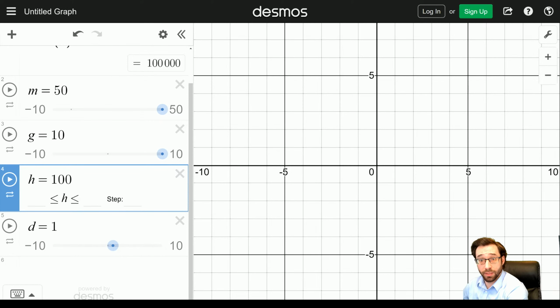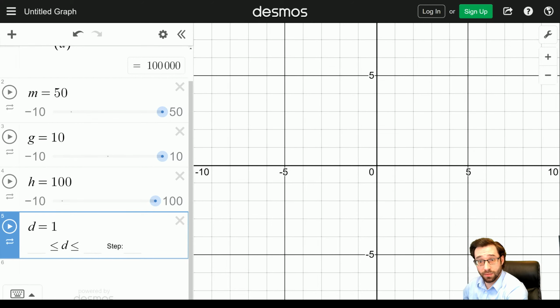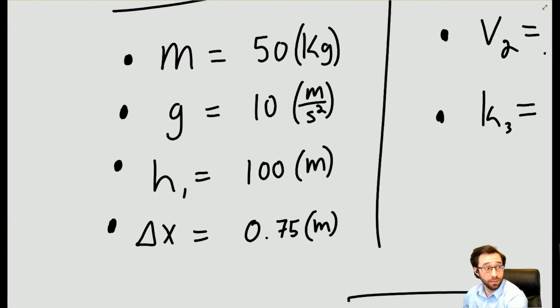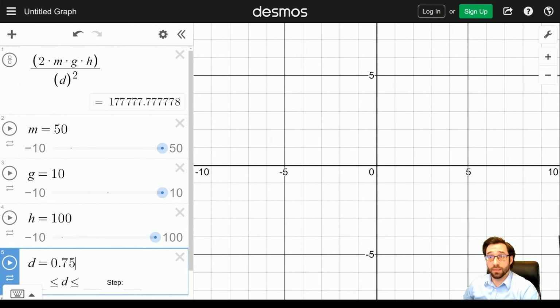So I did 100 right there. And then my displacement of the spring is 0.75. So 0.75. And here's my answer. I really wish that they would put commas in there so it's easy to read. So this apparently is a very, very strong spring.